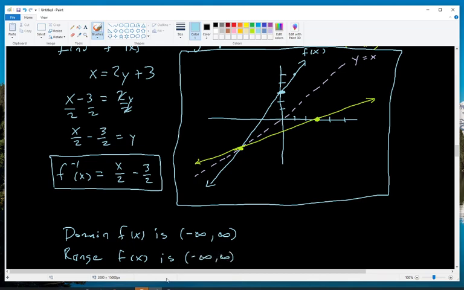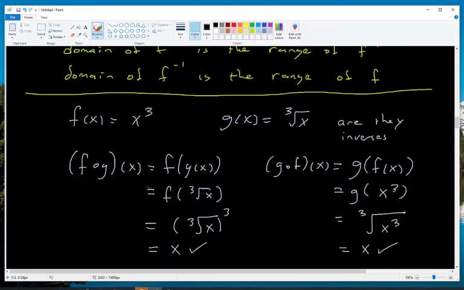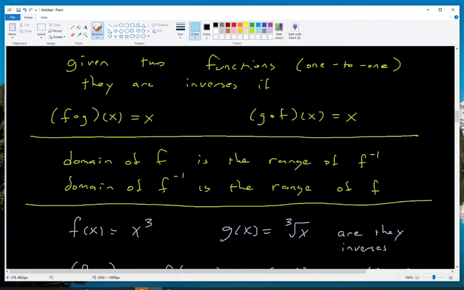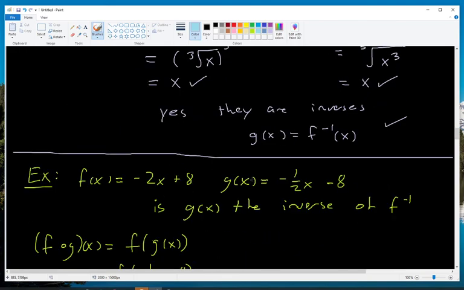Well, if we remember what we said about the domain and range and how they're related, let's back up here. The domain of the original function is the range of the inverse, and the domain of the inverse is the range of the original function. So we know the domain of the original function, so we know what the range of the inverse equals. We also know the range of the original function, so we know what the domain of the inverse equals.